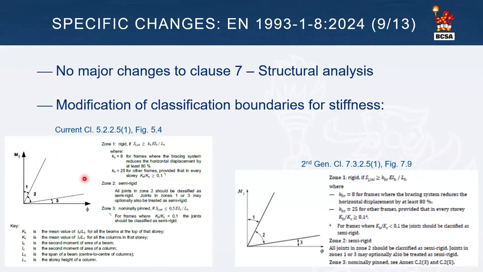These boundaries obviously depend on the relative stiffness of the joint and the members that are connected. The limit zone for nominally pinned connections, which is in the current code, has always been questioned by experts. So now we simply say that nominally pinned connections can be those in Annex C.